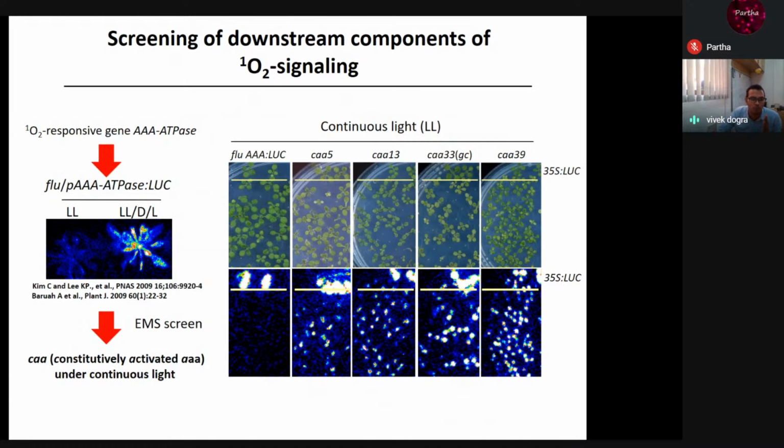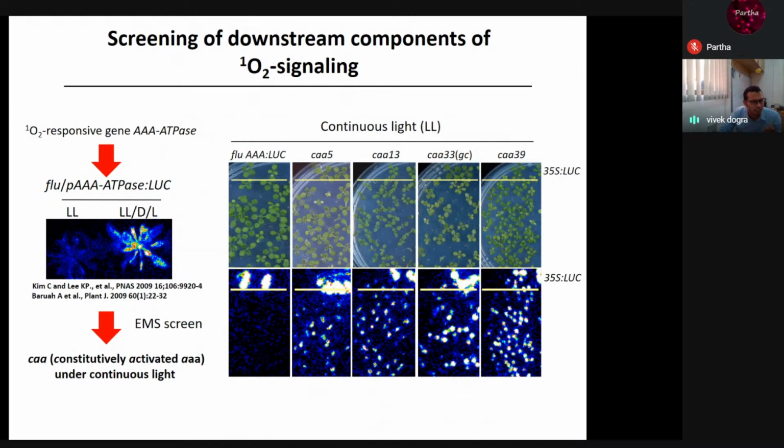They fused luciferase as a reporter gene, so whenever there is ROS, this promoter will express the luciferase. So when they gave a dark to light transition, there would be ROS accumulation, and the plant used to luminesce. During this, they found many different mutants.